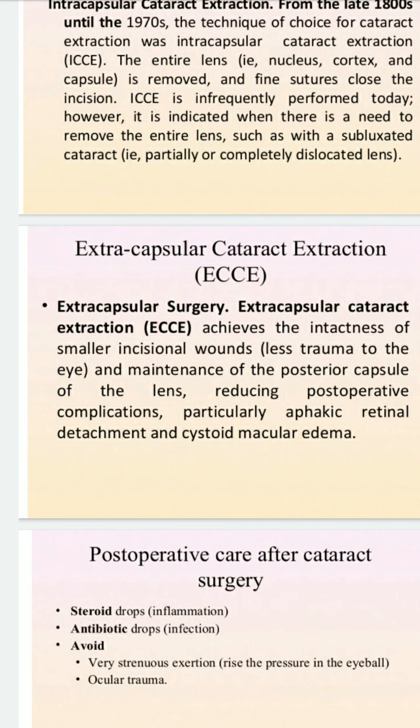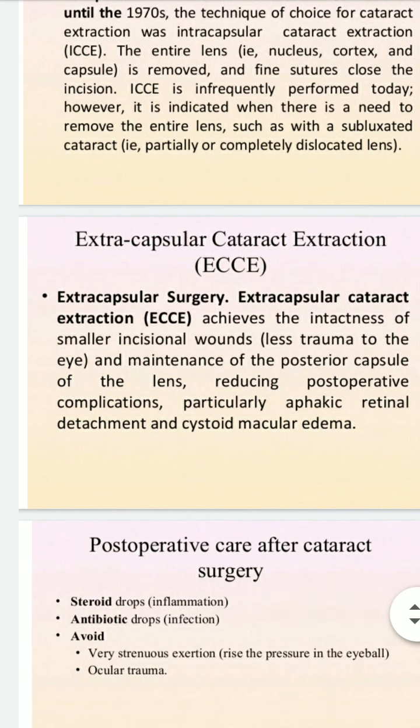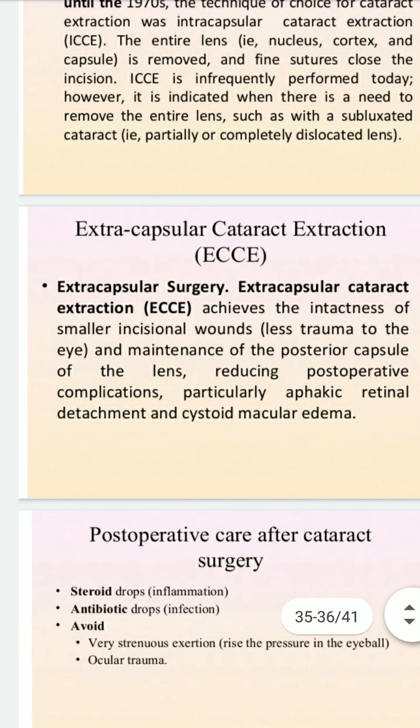That is, in extracapsular cataract extraction, the portion of the anterior capsule is removed, allowing extraction of the lens nucleus and the cortex. The posterior capsule is left intact.